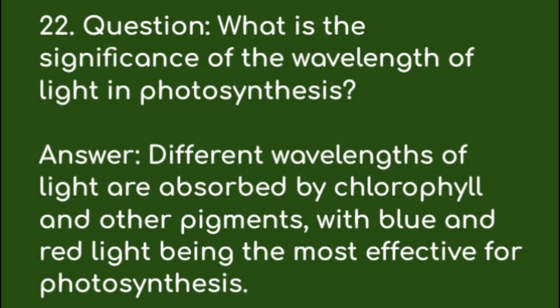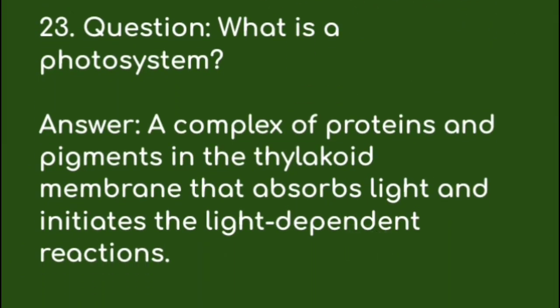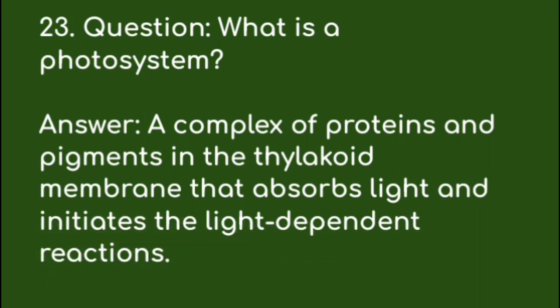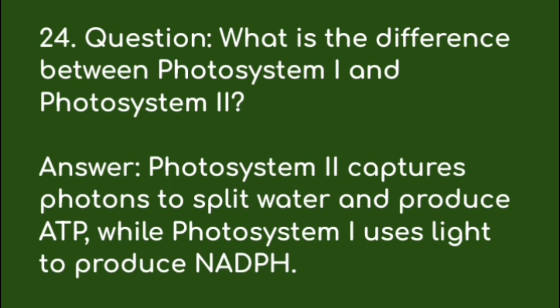Number 23. What is a photosystem? The answer is a complex of proteins and pigments in the thylakoid membrane that absorb light and initiate the light dependent reaction. Number 24. What is the difference between photosystem 1 and photosystem 2?